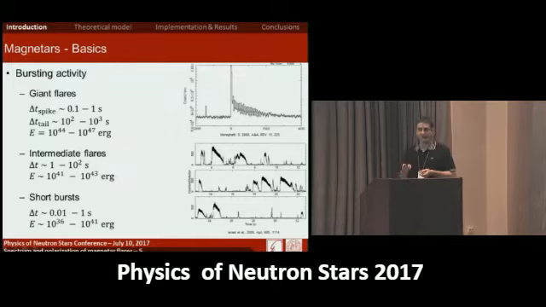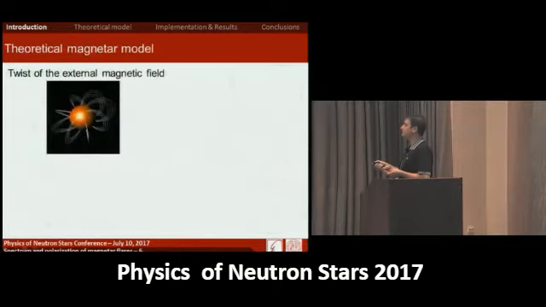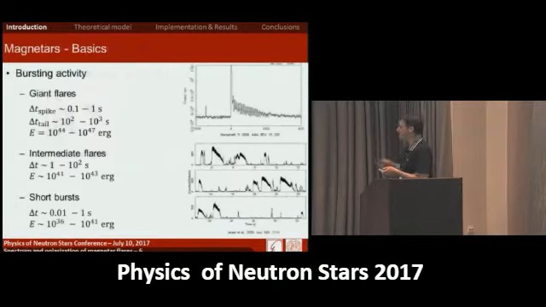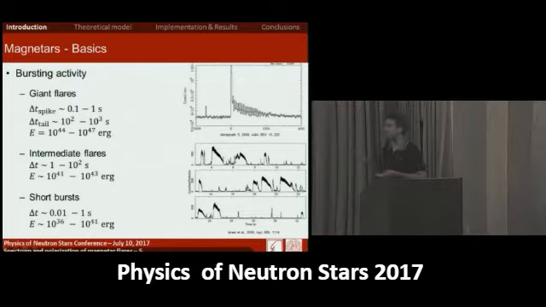The giant flares are the most powerful, and they are composed of a strong initial spike with duration around 1 second, followed by a long pulsating tail. And the energy release, up to 10^47 ergs, is essentially emitted all during the initial spike. But these events are quite rare.